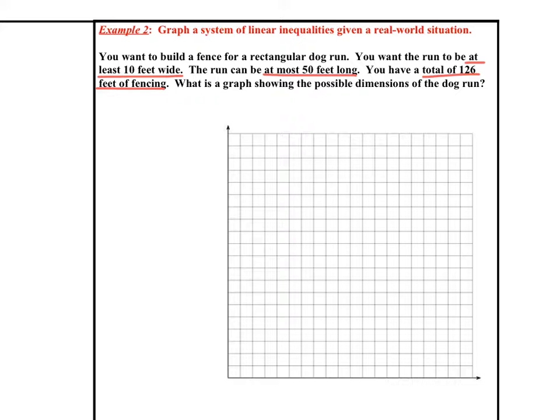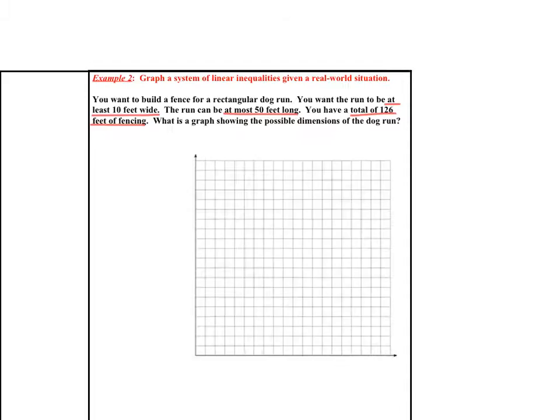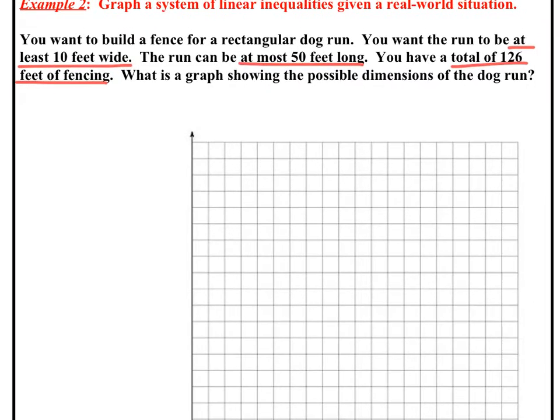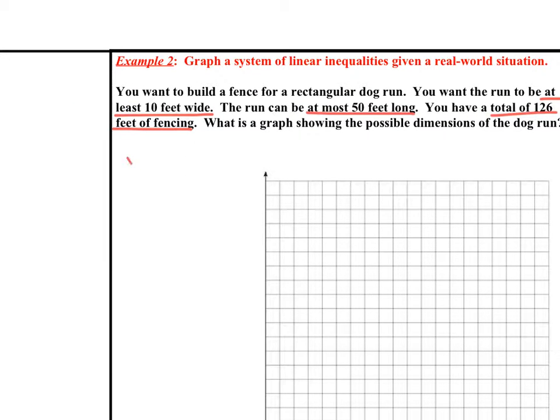In case you're having a hard time visualizing this, this is a rectangle with width and length. Let's go ahead and say, just to make it easy on ourselves, let's use x and y. Since we're graphing x is, let's make that the width, and let's make y the length.